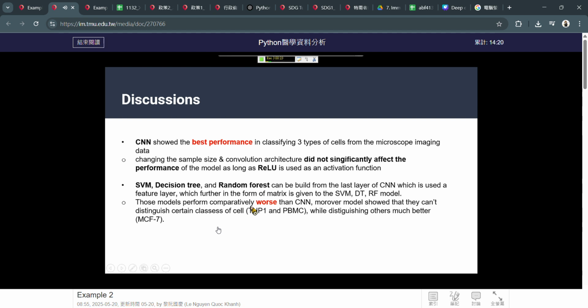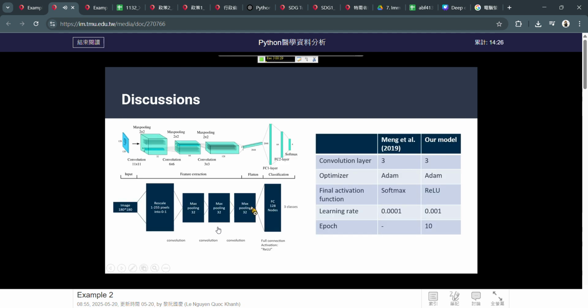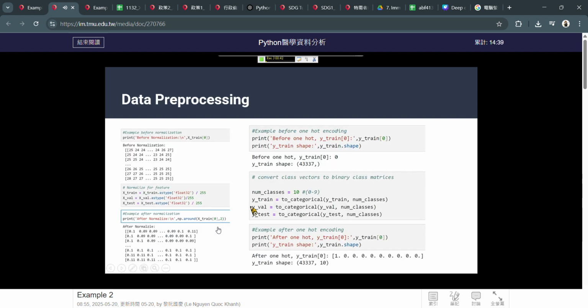Moreover, they can't distinguish certain cell types, and it was not a problem for CNN. So CNN is the model of choice. Here we just compare our model with the model in the paper. And that's how we did data pre-processing.